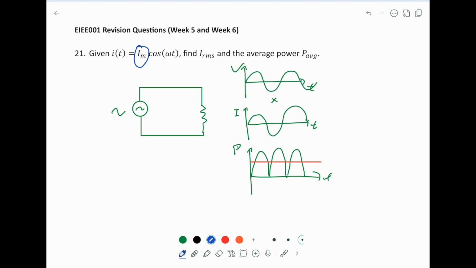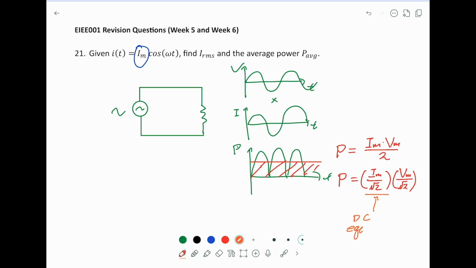If we do the mathematics, the average power P is equal to the peak of current multiplied by the peak of voltage divided by 2. Now if we split this into two terms, I peak over square root 2, and V, the peak value of voltage, divided by square root 2, we can consider this the DC equivalent.